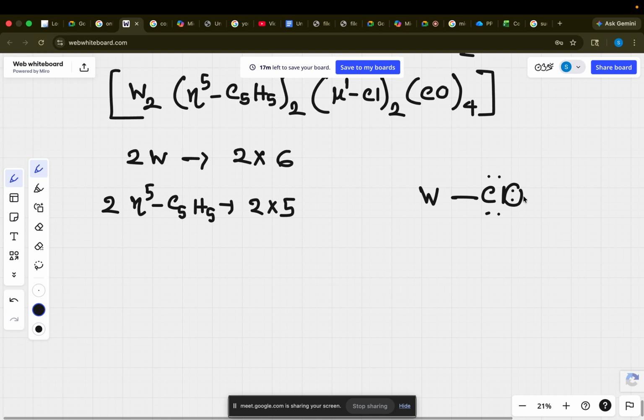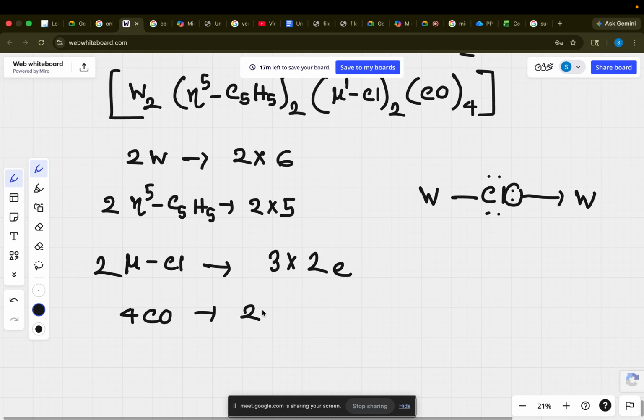Now this lone pair is donating to the other metal center, so overall it is donating 3 electrons. This mu Cl overall donates 3 electrons, and you have 2 mu Cl, so it will be 3 into 2 electrons. And now you have 4 carbonyls, so it will be 2 into 4 electrons. Clear?